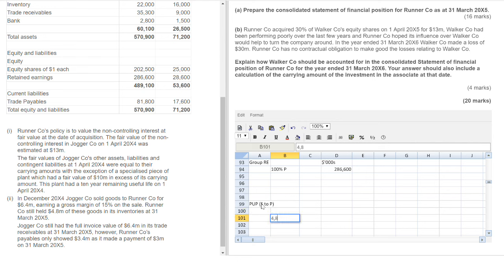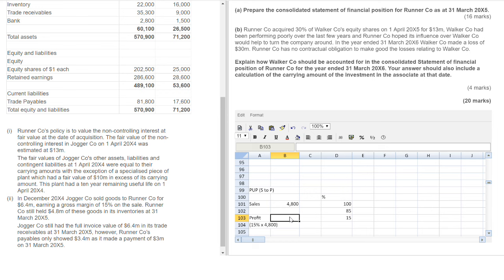The sales that were in inventory at the reporting date were the 4,800. As a percentage, was it a 15% margin? Yes. So you've got 100, 85, 15. So the profit that you've got there is going to be equal to 15% times 4,800.